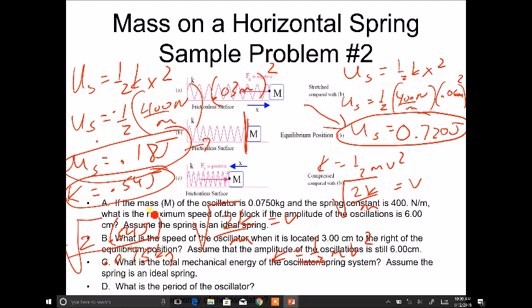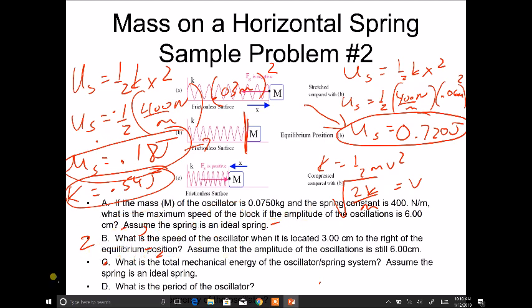We're going to take the square root of that whole quantity. So let's do the math here. 0.54 times 2 divided by 0.075, and then take the square root of that whole quantity. So we end up with a speed, and our answer to part B, of 3.79 meters per second. So at halfway back to equilibrium, the speed is 3.79. All the way back, the speed was not that much greater than that. All right, so let's go back to part C now.